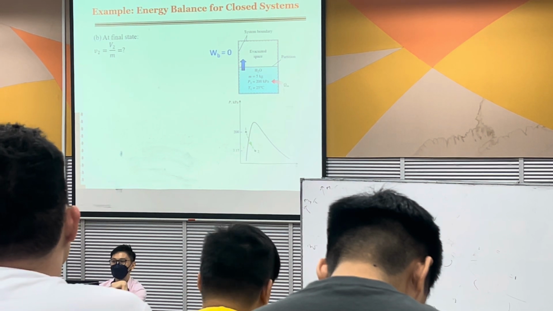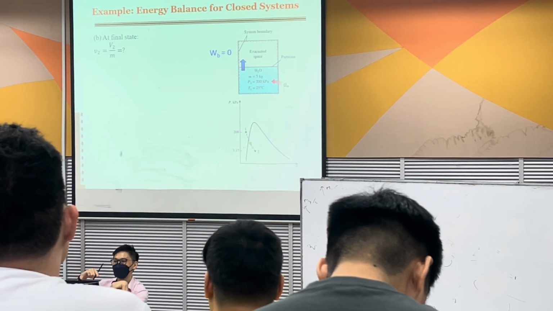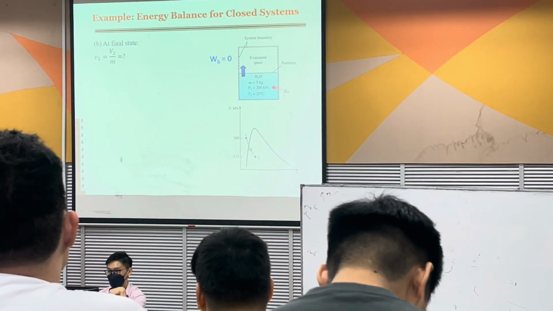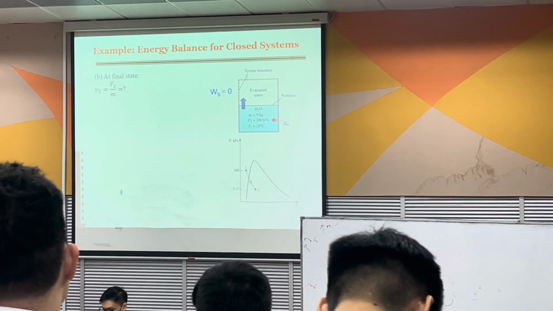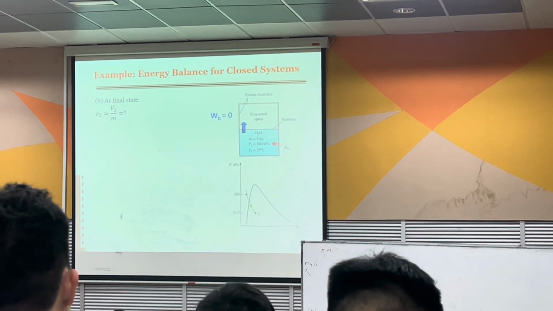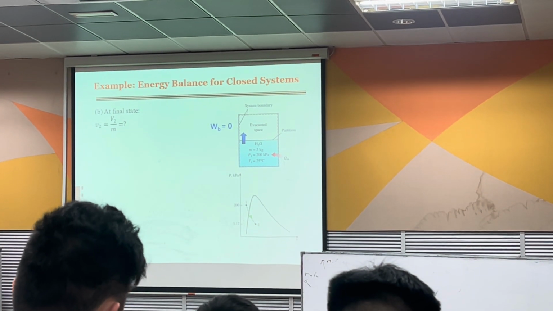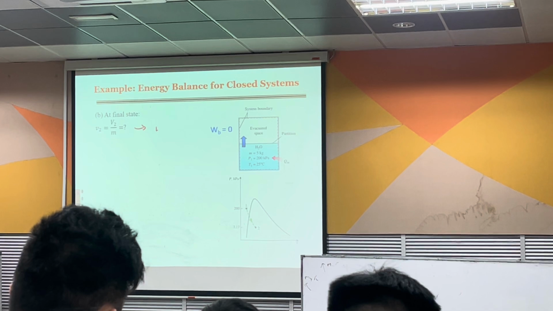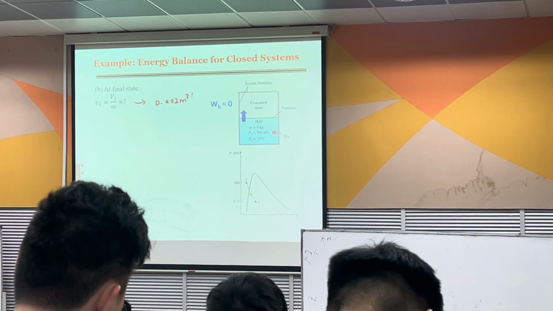Meaning you use V2 divided by 5 kg. 0.01 divided by 5. Okay, so this will give you 0.002 meter cube per kg.